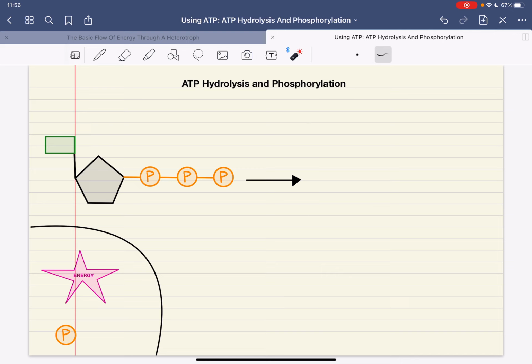So we're going to show that reaction here. Here's our molecule of ATP. Again, it's got a couple of parts to it. It's got three phosphate groups. Remember that phosphate groups are negatively charged.